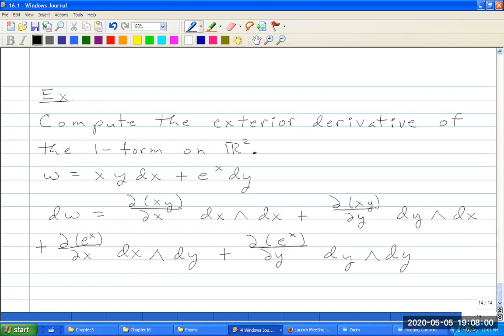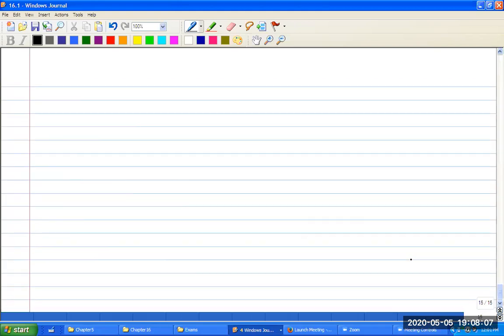So that's just using the definition of the exterior derivative.